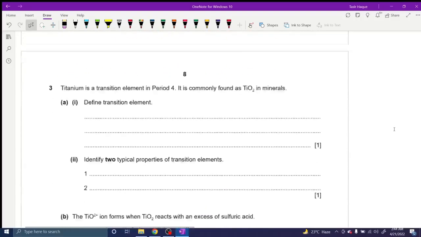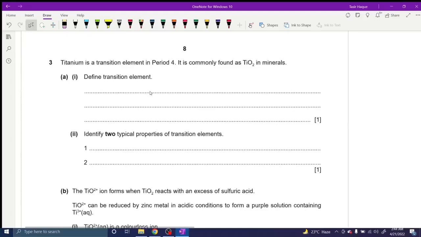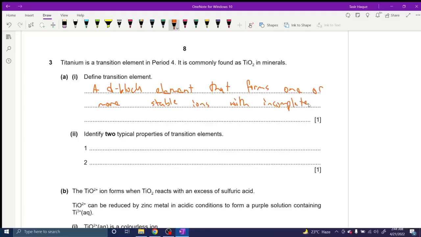titanium is a transition element. Define transition element. We know that a transition element is a d block element that forms one or more stable ions with incomplete d subshells or incomplete d orbitals. Okay, cool.